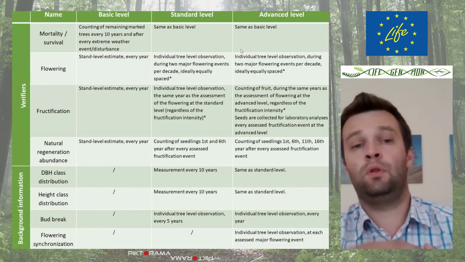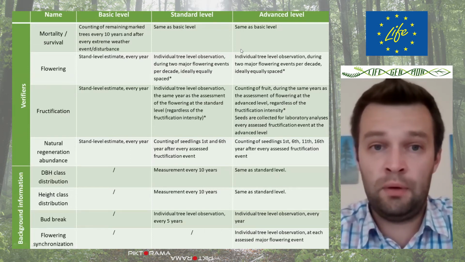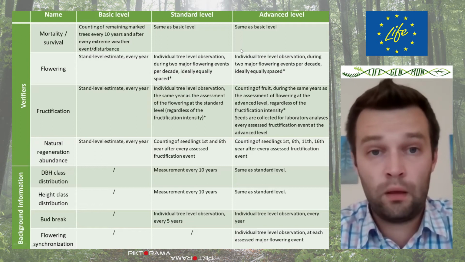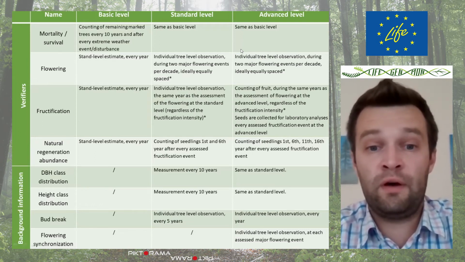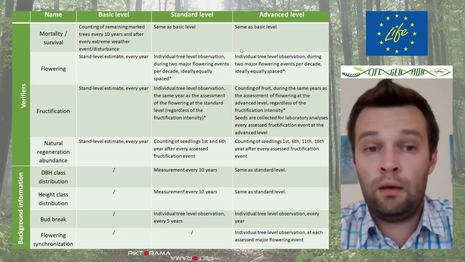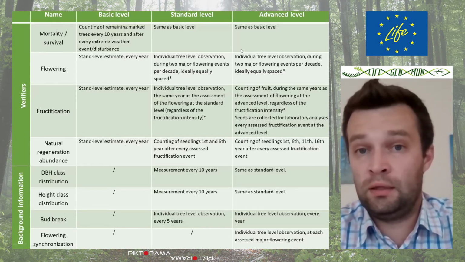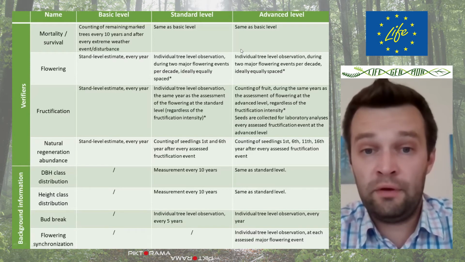This is an example overview of verifiers and background information for Abies alba and Abies borisii-regis. All these 4 verifiers are described for basic, standard, and advanced levels. As an example, for fructification, we can see that at the basic level it should be assessed every year at the stand level.